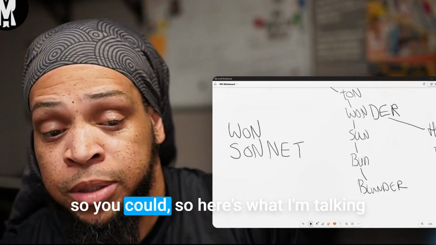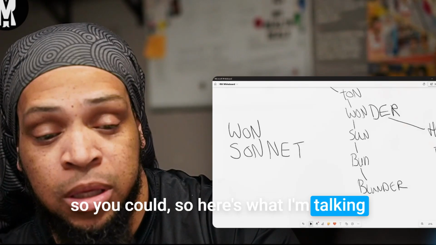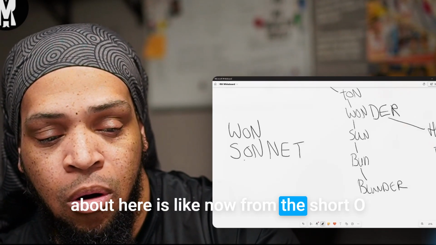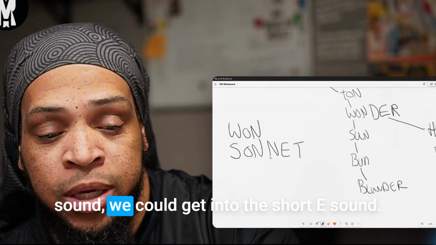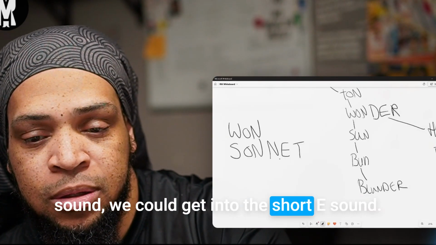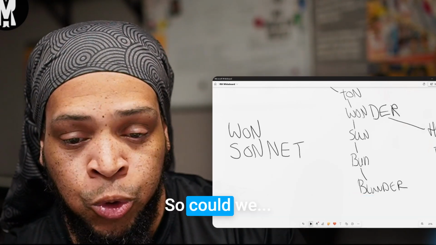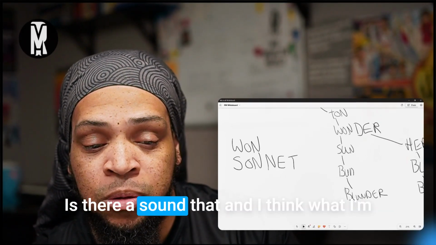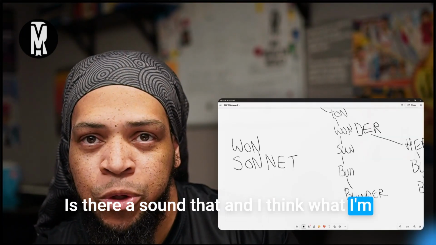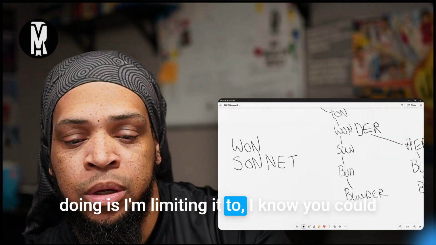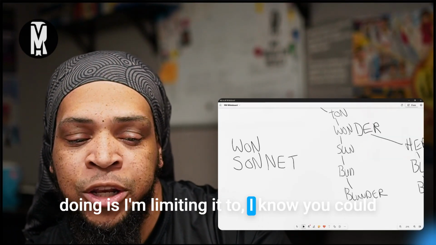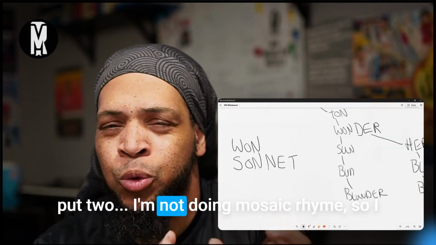All right, so here's what I'm talking about: now from the short O sound, we could get into the short E sound, right? So is there a sound that, and I think what I'm doing is limiting it. I know you could put two, I'm not doing mosaic rhyme.